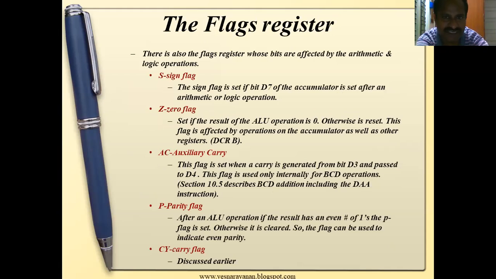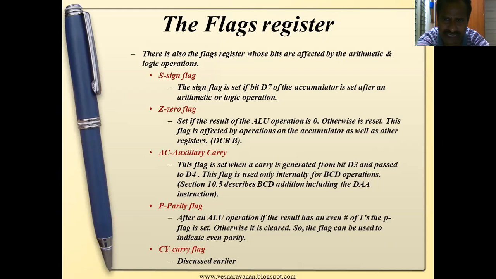The flag register. There is also the flag register whose bits are affected by the arithmetic and logic operations. That is the sign flag. The sign flag is set if bit D7 of the accumulator is set after an arithmetic or logical operation.